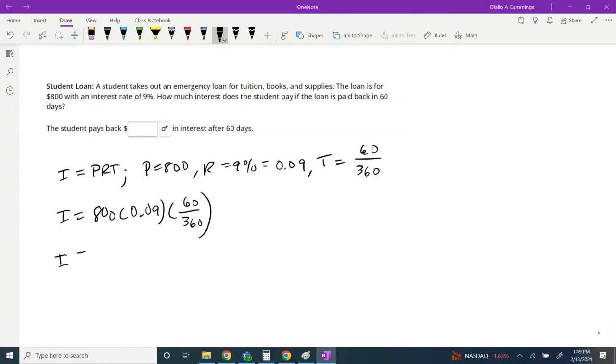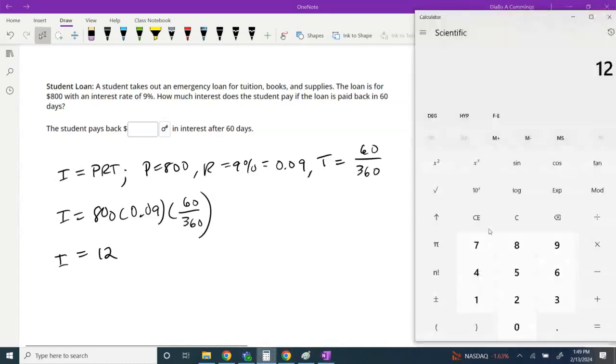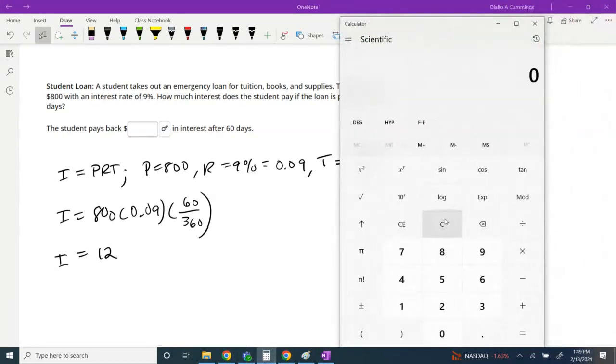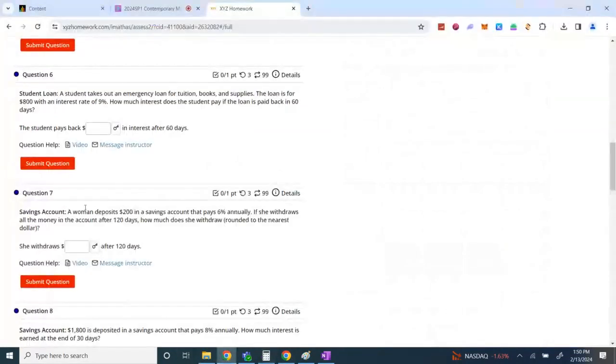And I have a total interest of $12. And that gives us $12 in interest. Right, so this question asks for the interest alone. So that interest should be $12.